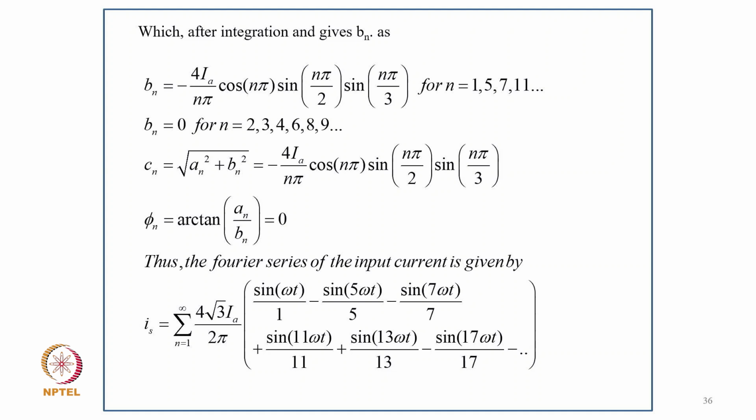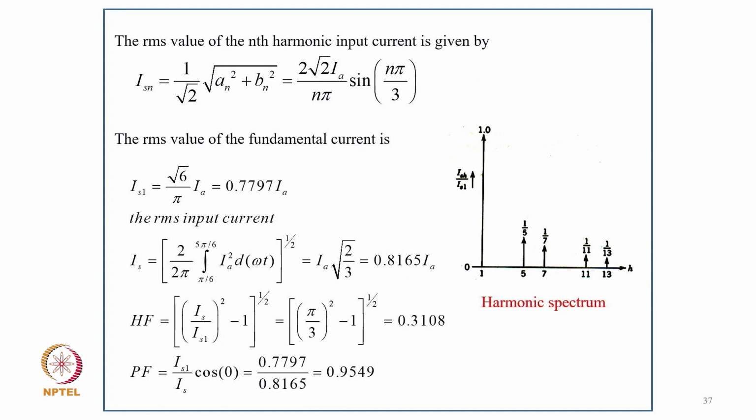Thus the Fourier series of input current is given by Is = (2√3 Ia/π)(sin ωt/1 − sin 5ωt/5 − sin 7ωt/7 + sin 11ωt/11 + sin 13ωt/13 − sin 17ωt/17 ...). And then the RMS value of nth harmonic is Isn = (1/√2) √(An² + Bn²), equal to (√6 Ia/nπ) sin(nπ/3).